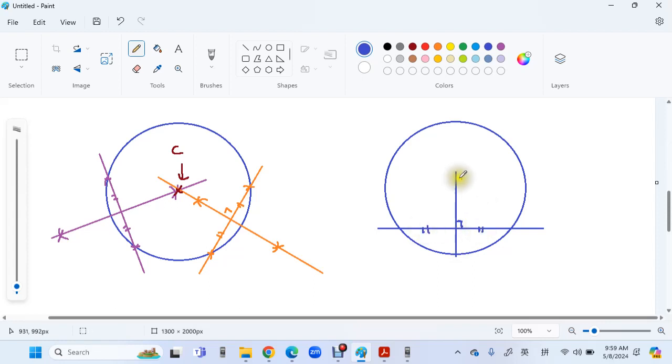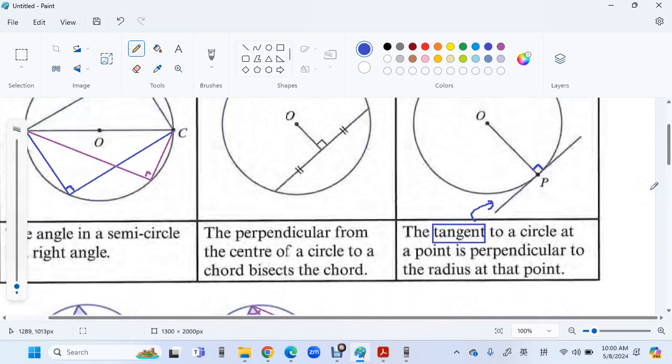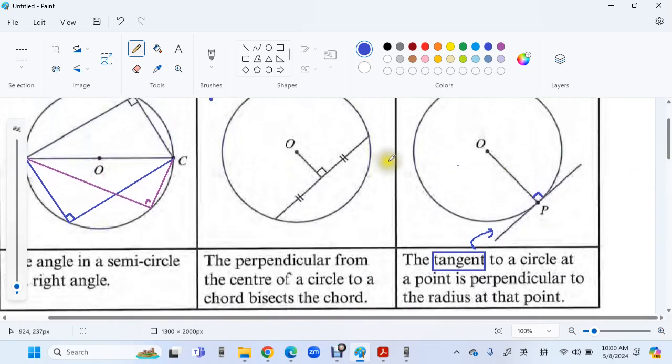If the center is here, the radius perpendicular bisects a chord. We must remember this fact that the perpendicular from the center of a circle to a chord bisects the chord. So we will use this in the following question.